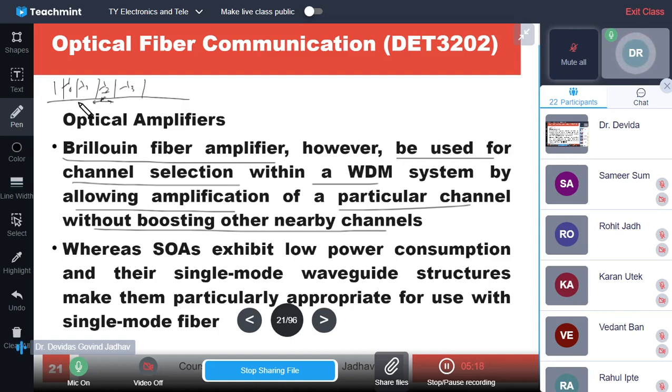So all the remaining lambda 0, lambda 1, lambda 3 are discarded, not amplified. So it will give only the lambda 2 output. From all the channels it selects only one.